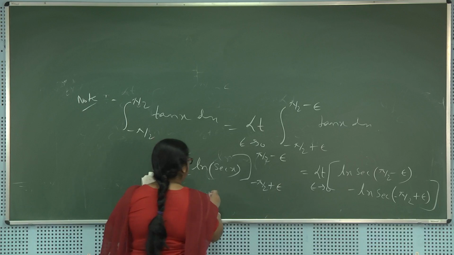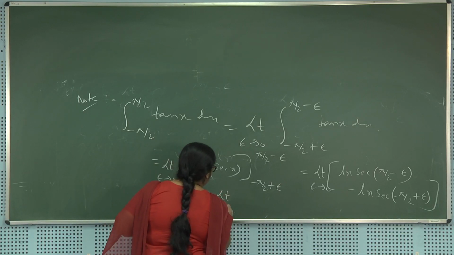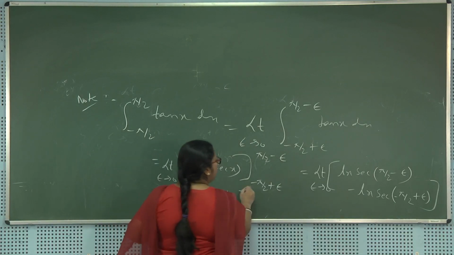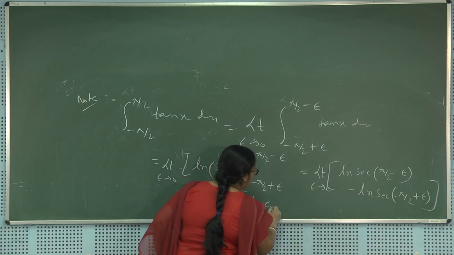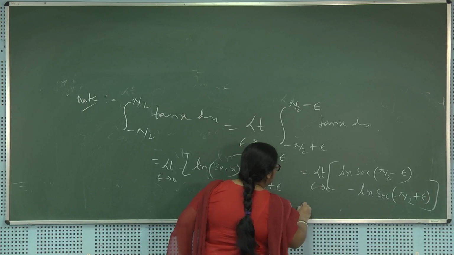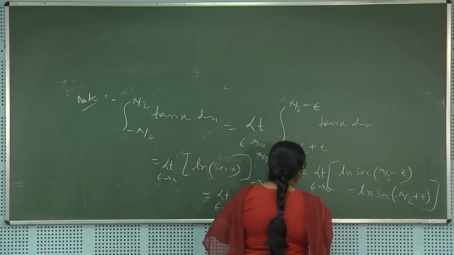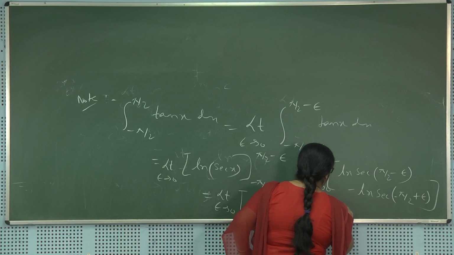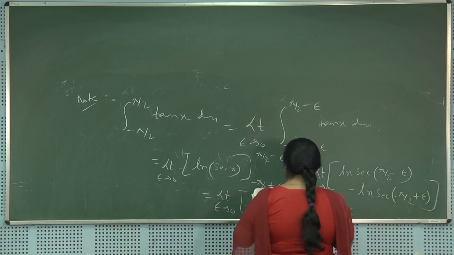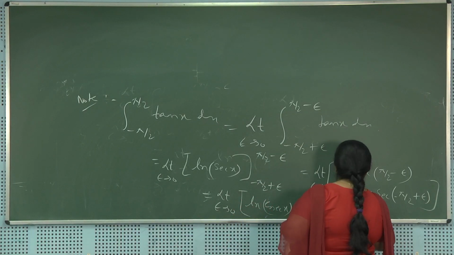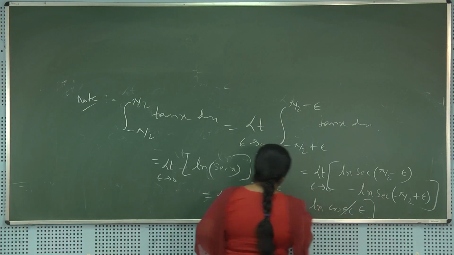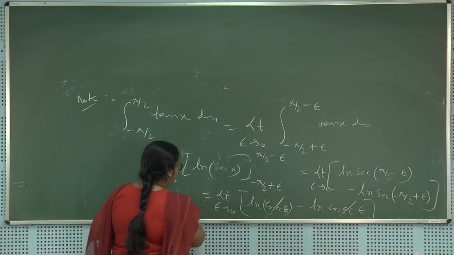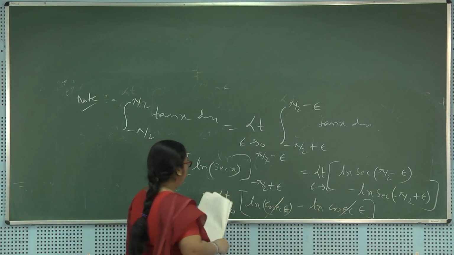So, this will become the limit as epsilon tends to 0 of log of cosec epsilon, minus log of cosec epsilon. So, both will be cancelled and the answer is 0, but which is utterly wrong.